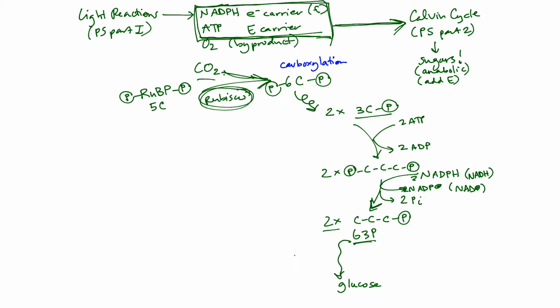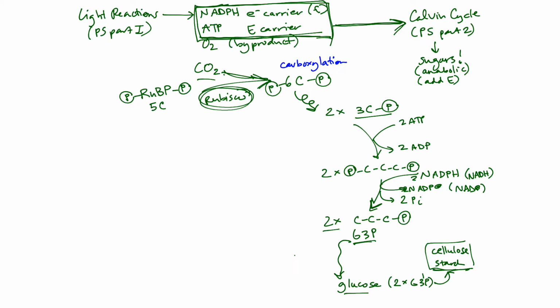Now, glucose has 6 carbons, so we need 2 G3Ps ultimately to help produce glucose. And then glucose can be stored as cellulose or starch. And this is what we'll eat when we eat plants. We get much of our energy from the glucose that's stored as starch inside plants.